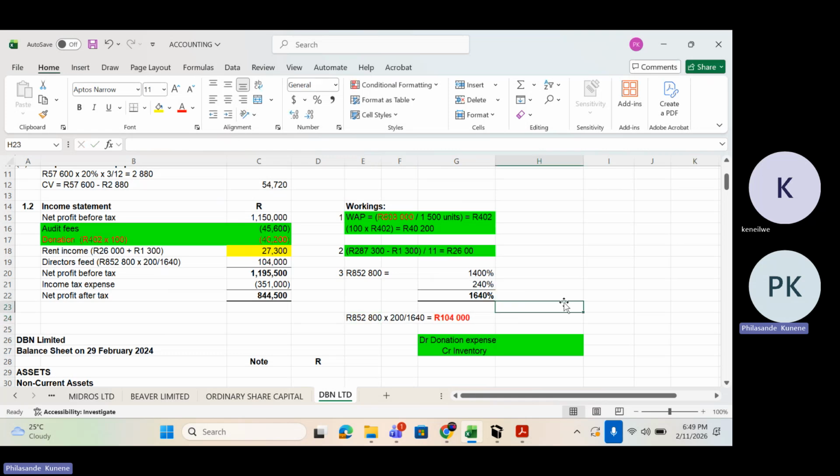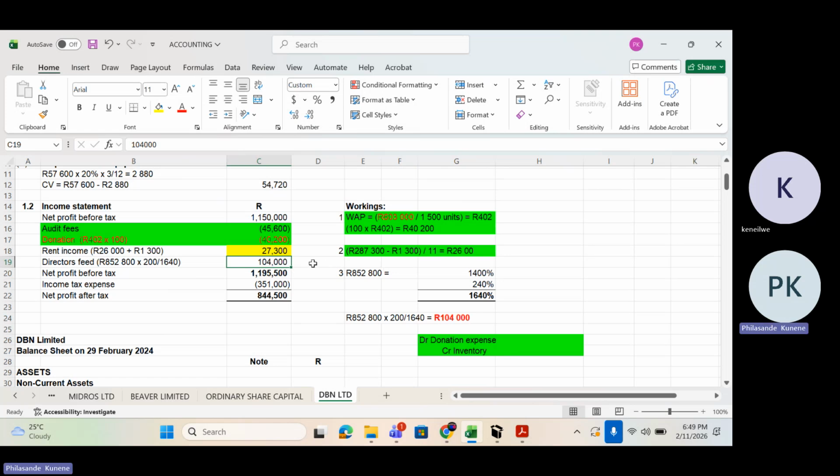Since it is the amount that was paid in advance, we come here to say we are adding it back because we subtracted more here. We subtracted even the amount that was not supposed to be subtracted. Now we're canceling it by adding it back. That's why we can see here we have 104,000 rands.